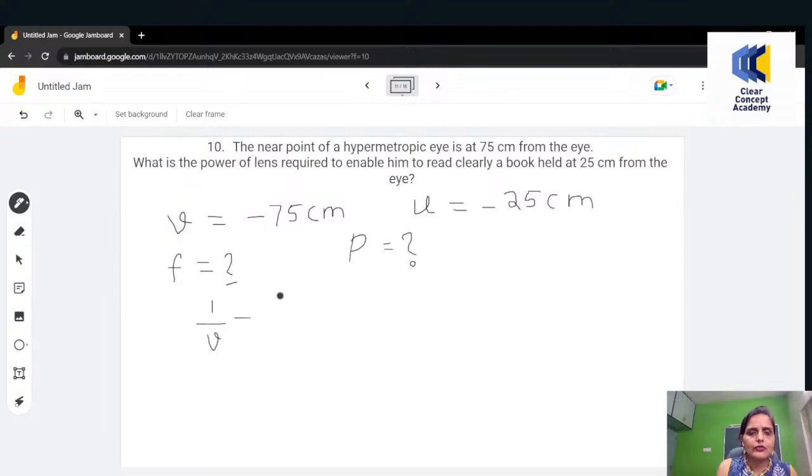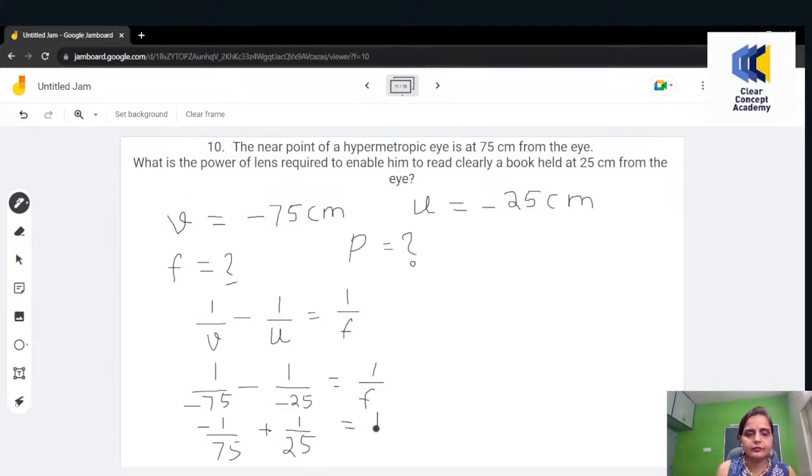Lens formula. 1 by V minus 1 by U is equal to 1 by F. So 1 by V is 1 upon minus 75 minus 1 by minus 25 is equal to 1 by F. It is always advisable that you solve the sign here. So minus 1 by 75 plus 1 by 25 is equal to 1 by F.